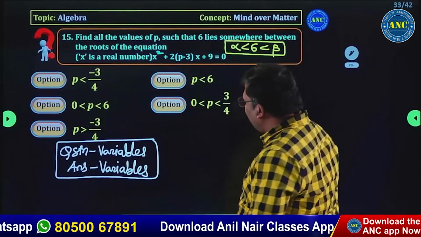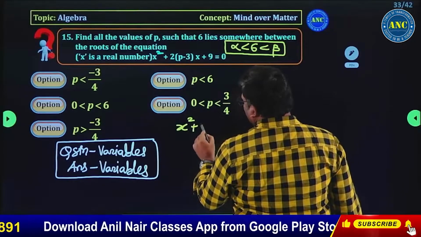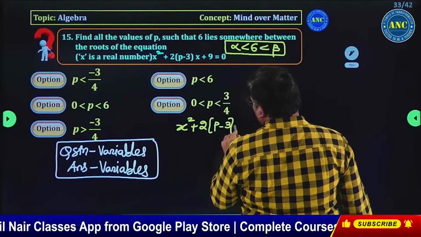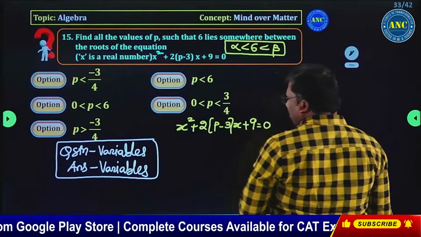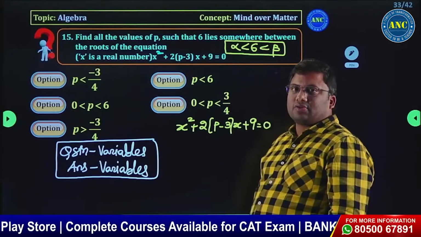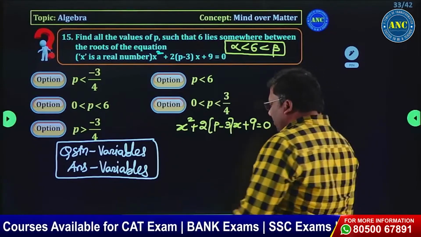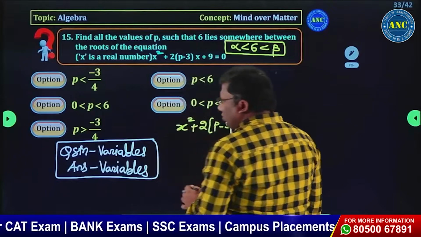What is the equation? It is x square plus 2 into (p minus 3) into x plus 9 equivalent to 0. Right? What is the way to solve this question?